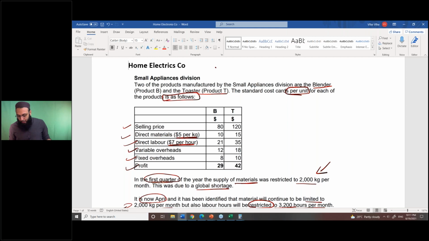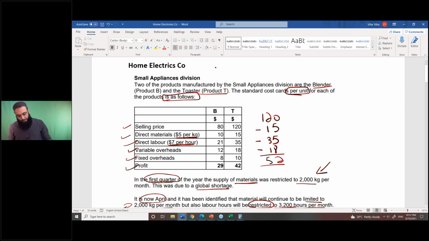It's a straightforward calculation. You have the selling price of T here, and that's 120. From this 120, you minus materials of T, 15, minus 35 labor, minus overheads of 18. And this gives you the contribution of 52. 52 is the contribution.